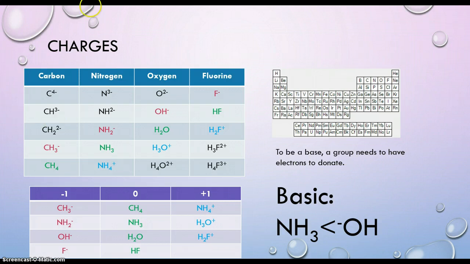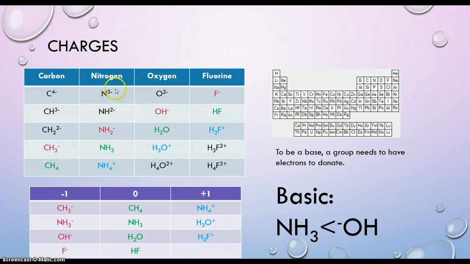So a lot of these molecules don't exist, but if we were to break it down, you have C4 minus, and if we add one hydrogen, we have CH3 minus. If we add two hydrogens to this, then we have CH2 2 minus. If we add one more hydrogen, we have CH3 minus, and if we add one more, then we have methane, CH4. And methane is a neutral molecule.